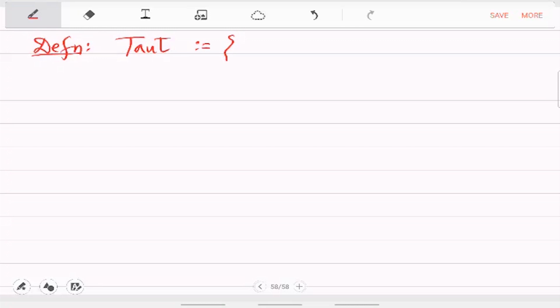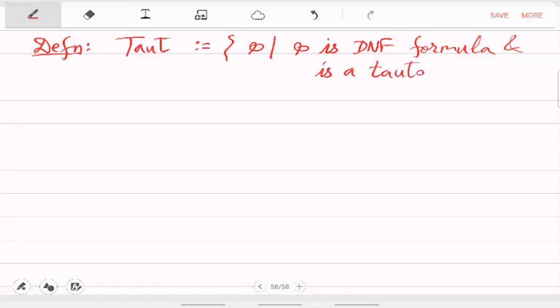So tautology is the set of those CNF, or in fact now it will be DNF, so phi is a DNF formula and is a tautology. Tautology is just another fancy word for a theorem, something which is true.